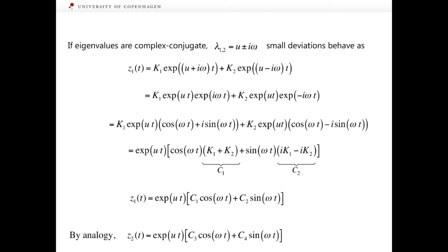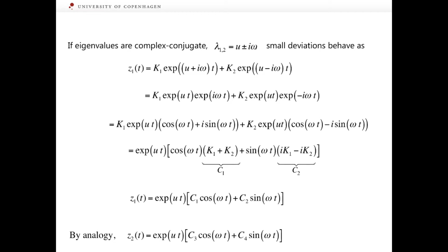To solve a system of linearized equations, we in fact need to find the values of eigenvalues of the linearization matrix, or of the Jacobian, as we called it. These are some constants, and these constants can be real or complex conjugate, and the values of these constants will tell us how the phase trajectory will behave if we set initial conditions quite close to the fixed point.